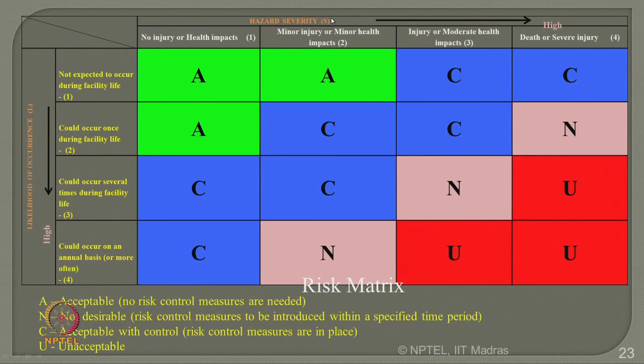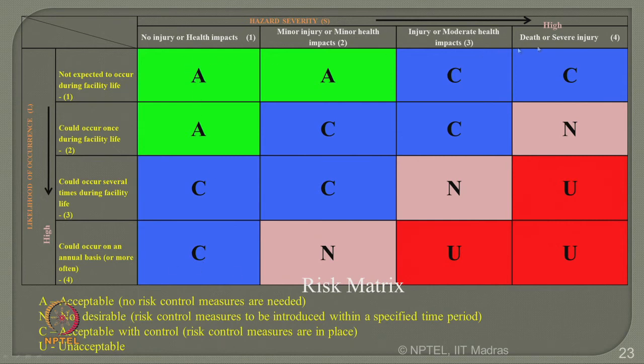The hazard severity goes higher and higher towards the right hand side, whereas the likelihood of occurrence goes higher and higher towards the bottom of the screen. So, this is the higher indication. Similarly, this is the higher indication for severity. On the other hand, these segments are all low severity, whereas this particular segment is higher likelihood.